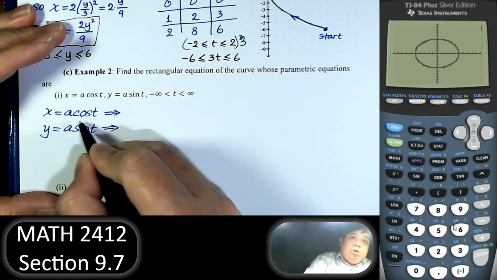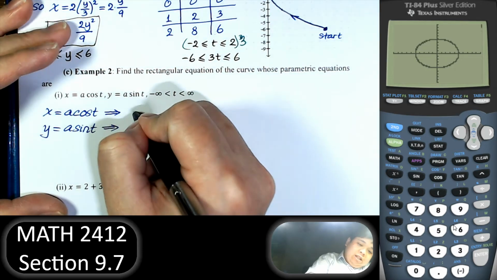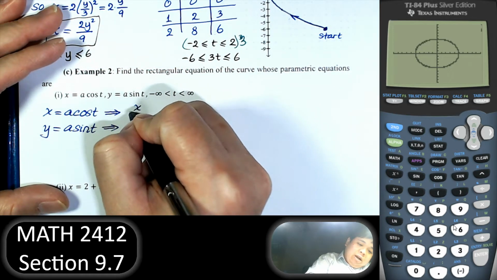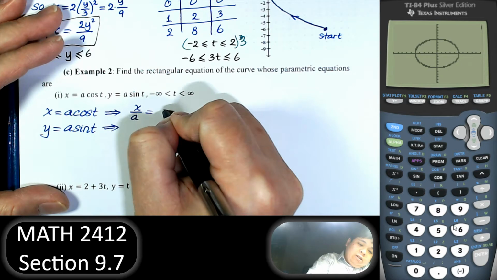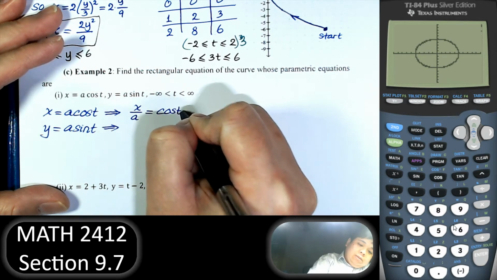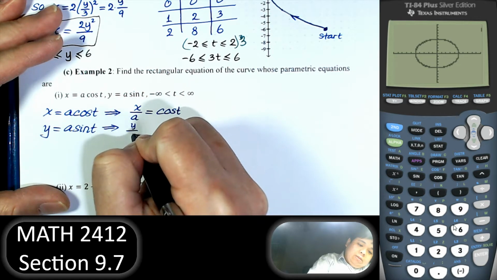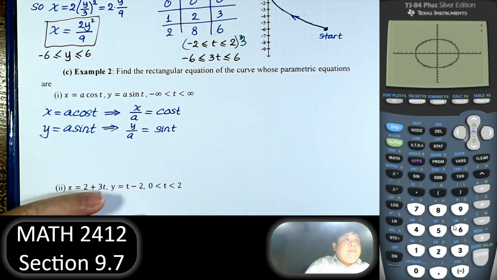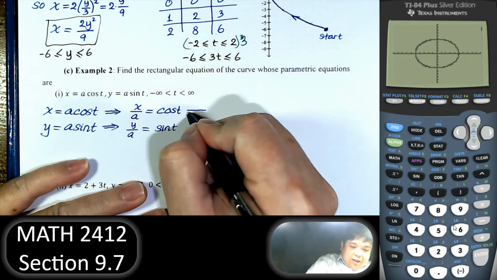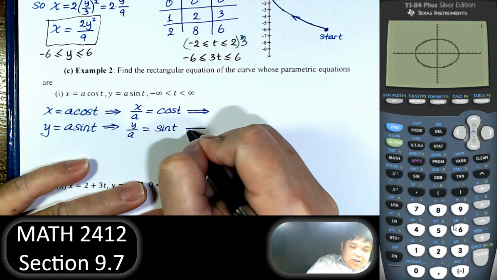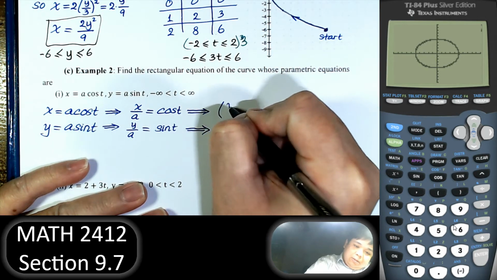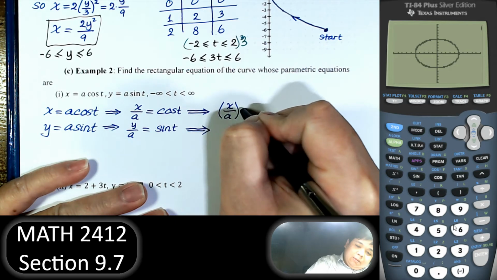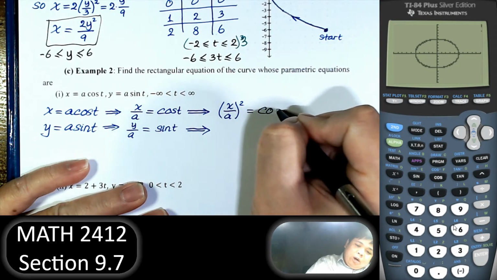if we solve for cosine of t, we just divide by a on both sides. And then let's square both sides. So why do we do that?